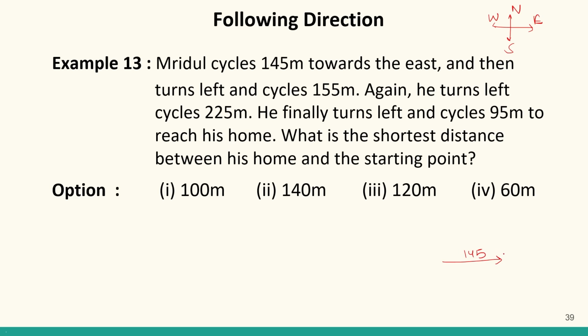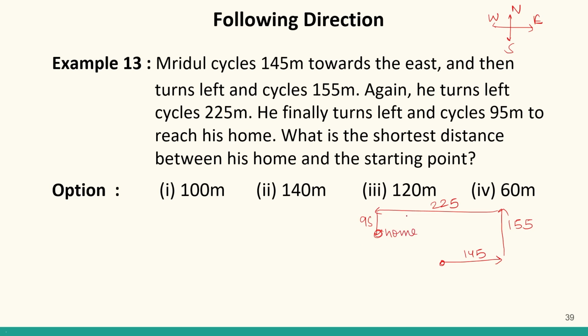Then he takes a left and cycles 155 meter. Here, again he takes a left and he cycles 225 meter. Here, this was the initial point. He finally takes a left and cycles 95 meter to reach home. So here he takes a turn and this is the home.